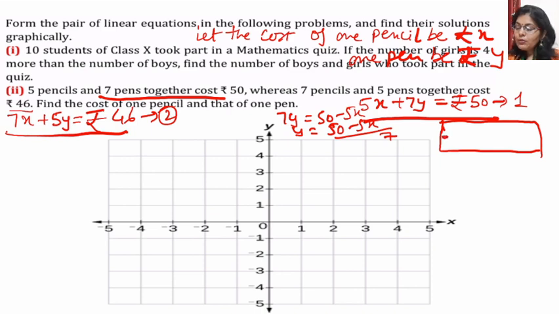Now we have to put the values of x and y. Let us put x equal to 3. Then we get (50 minus 15) upon 7. So what answer do you get? You get the answer 5.